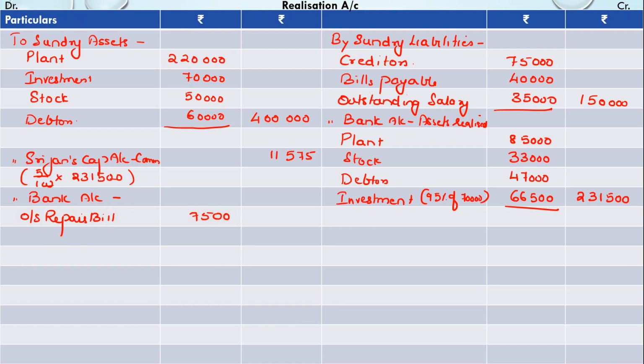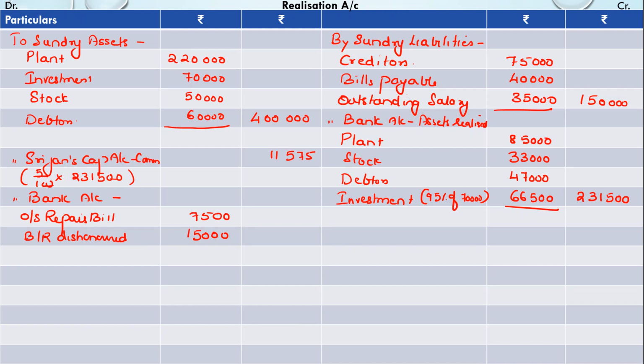Then there is a contingent liability in respect of bills which were discounted. So bills receivable dishonored had to be paid off. So we are going to pay 15,000 on account of that. Then the expense of realization, as we said, as he's been given commission and he's bearing it and he also paid it, that has been given. So that is going to be ignored. Now we have taken care of the additional information.